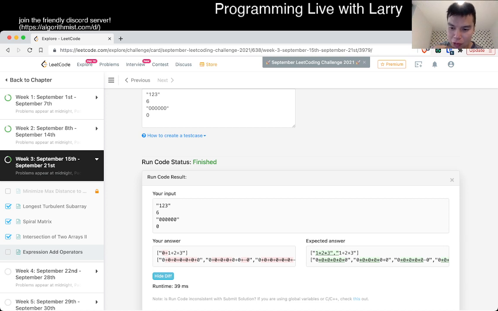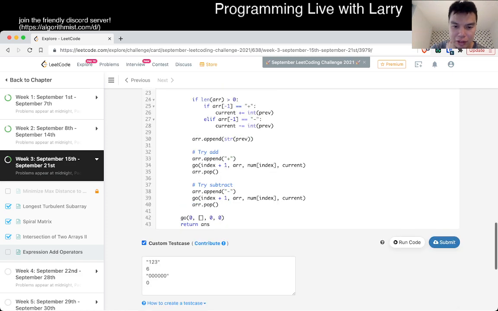But it seems like we're on the right track. The negative we're handling a little bit weird. But we're on the right path, I think. But there are obviously a lot of things wrong, for example the prefix 0.